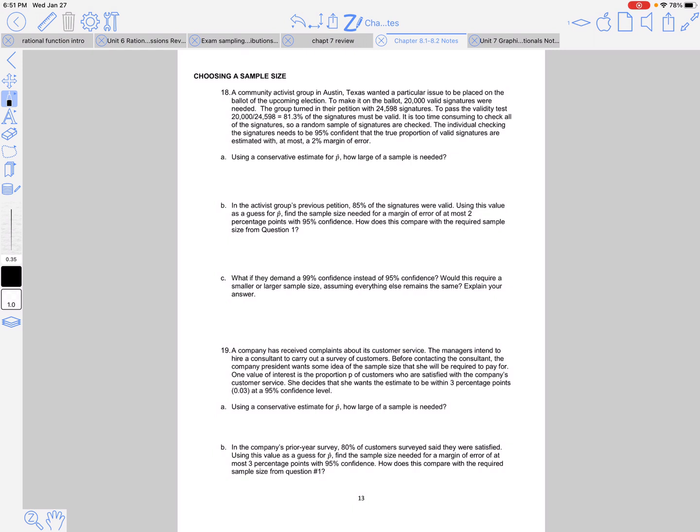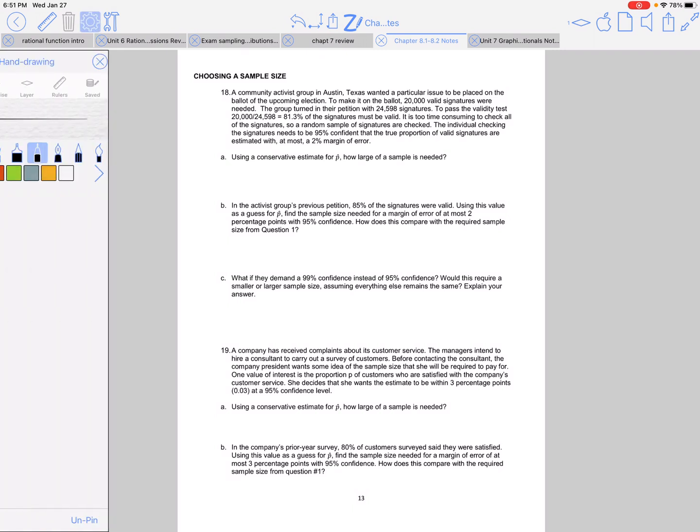So let's see if we can sample and then create a confidence interval where we're 95% confident that we'll catch the true proportion of valid signatures, but we want our margin of error to be within 2%. So let's say it has to be 81.3% valid signatures.